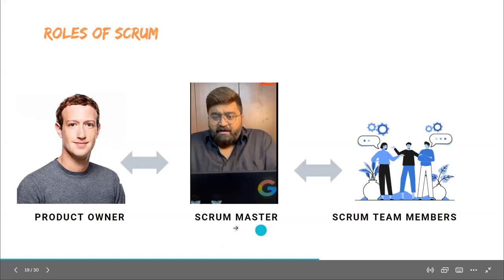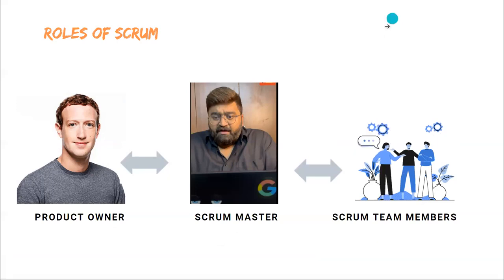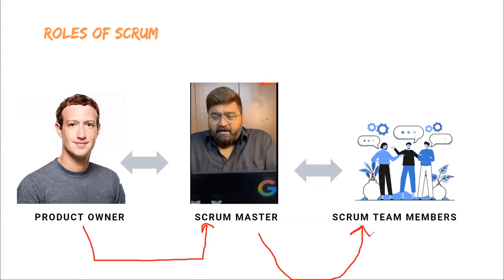The Scrum master takes the input and gives it to the Scrum team members. They will work on the requirement of the product owner. The Scrum master will arrange a meeting with the Scrum team members and ask them to work on the requirement of the client.